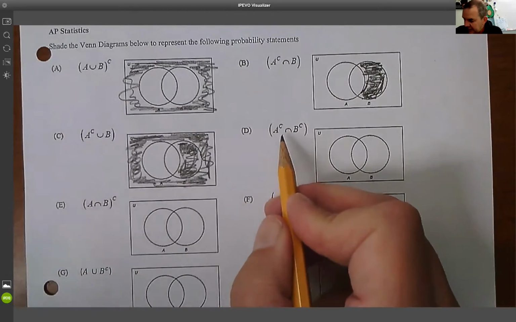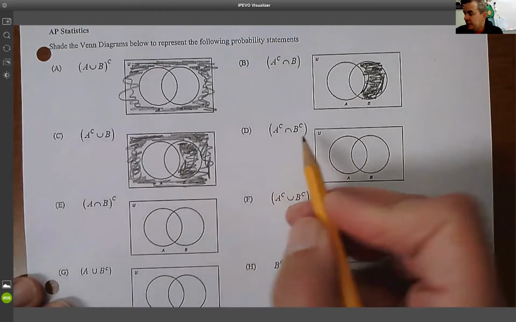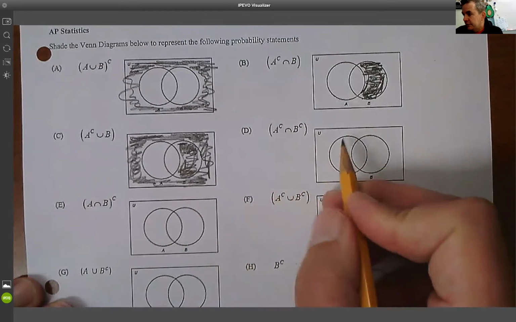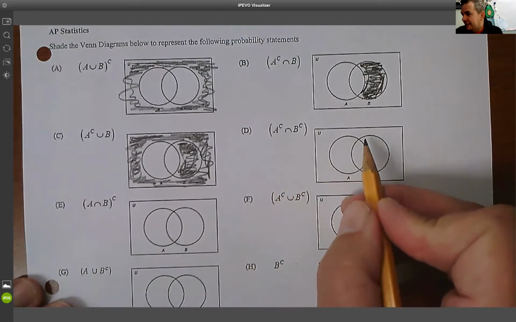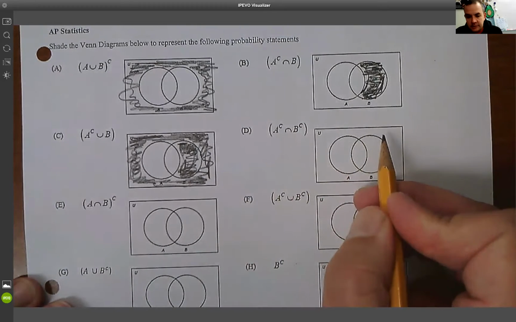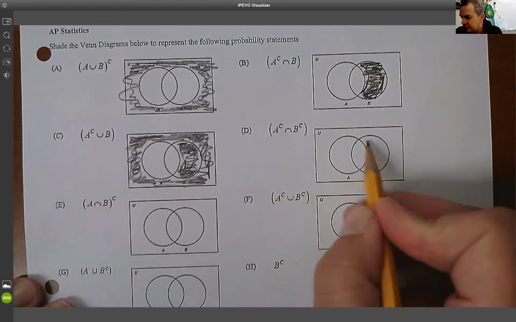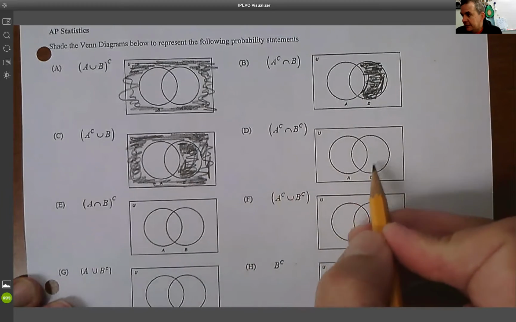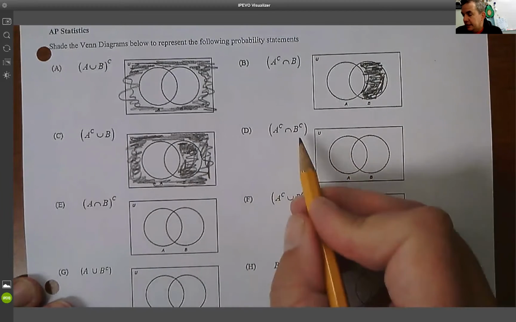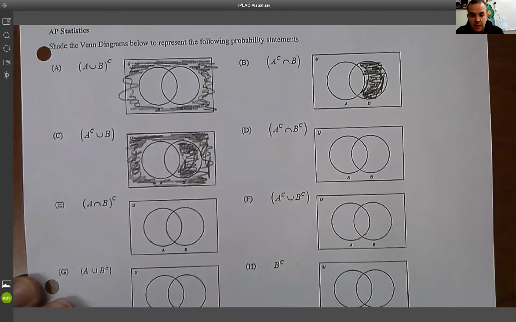This one says, not A intersect not B. Well, okay, let's do first, not A. Not A is anything in this B circle plus anything outside. So all of this is not A. All this box out here and all this little chunk of the crescent part of B is not A. And then for not B, it's everything in the crescent and A and everything outside.